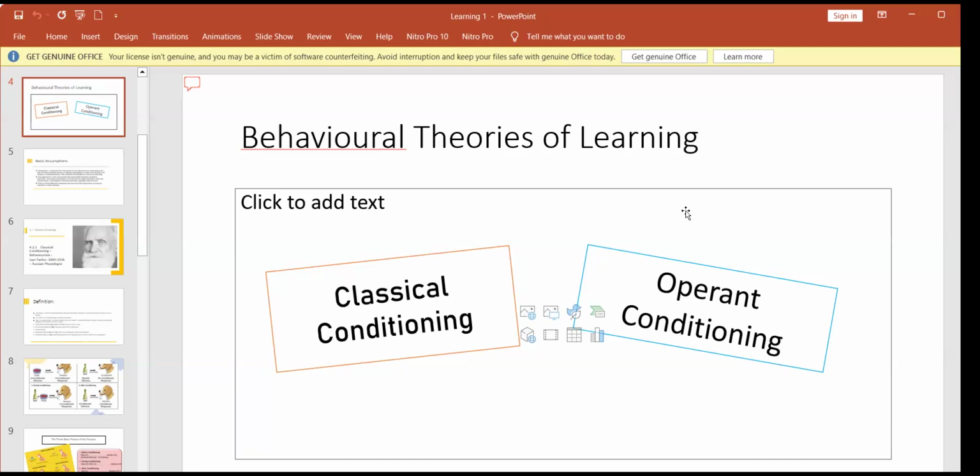So it is common to both classical conditioning and operant conditioning because they both are from the behavioral school of thought. So the common assumptions are our learning is our response to our environment and how we interact with it, and learning is habit formation through repetition.